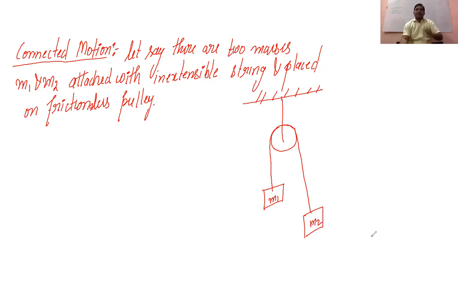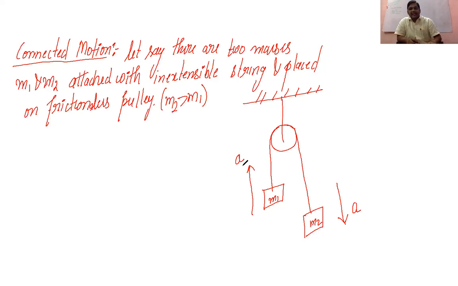Now try to understand what I'm trying to say. Suppose m2 is greater than m1. अगर m2 greater है m1 से, तो m2 will be going downward with acceleration a. अगर m2 नीचे की तरफ जाएगा बच्चे, तो m1 ऊपर की तरफ जाएगा, and this will be going with the same acceleration.